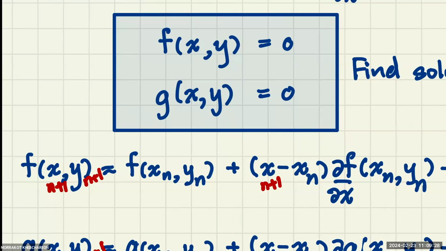And in general, this system can be extended to 3 by 3, 4 by 4, or maybe hundreds by hundreds, okay? So just for simplicity, I start with 2 by 2, 2 equations and 2 unknowns, okay?